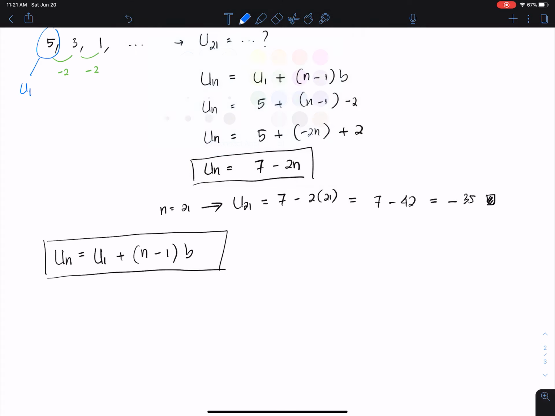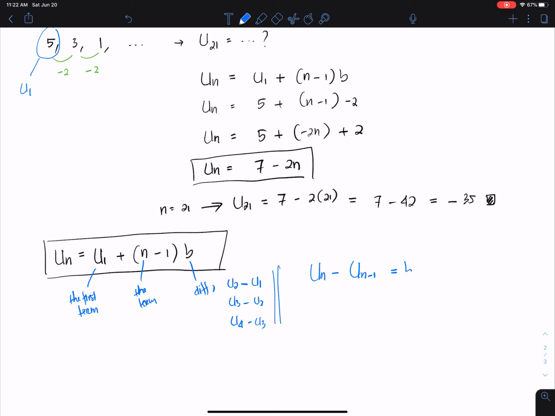So we know that u1 is the first term, un is the term that we are looking for, and b here is the difference. The difference can be found by u2 minus u1, or u3 minus u2, or u4 minus u3, or in general un minus un minus 1, like that.